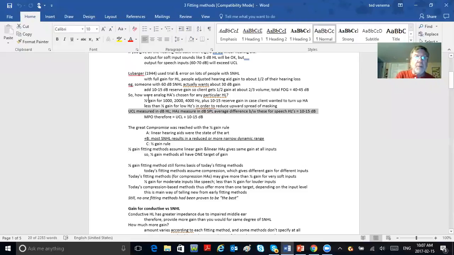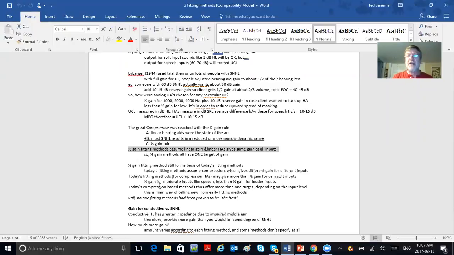The great compromise reached with the half-gain rule. A plus B is C. Linear hearing aids were state-of-the-art. Most sensory neural loss results in a reduced dynamic range. Therefore, the half-gain rule. And the half-gain rule assumes linear gain, and that linear gain gives the same gain at all inputs.